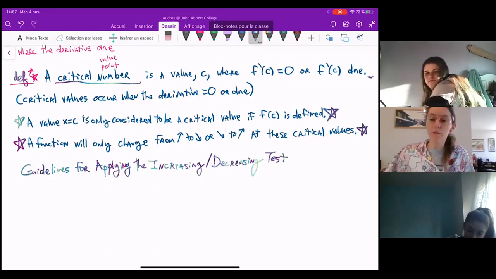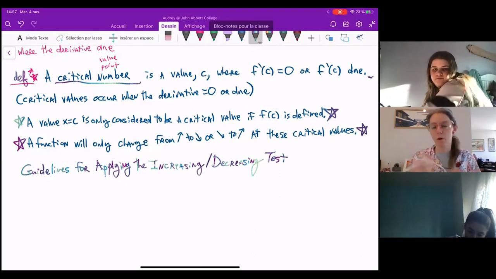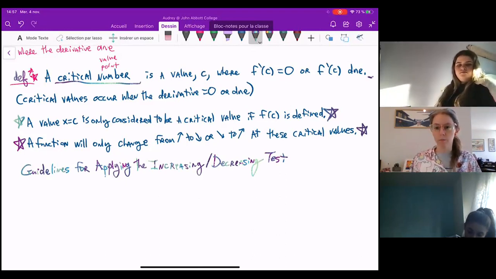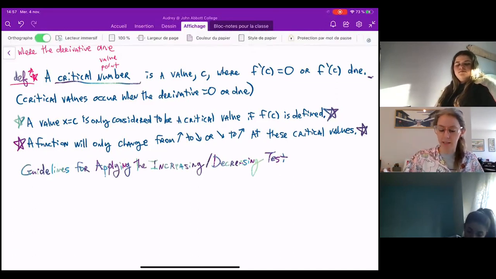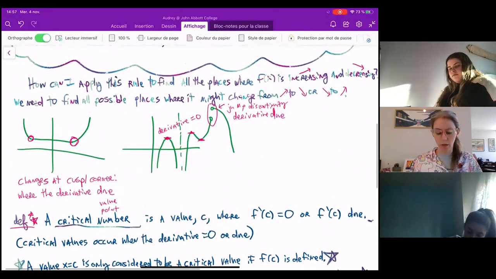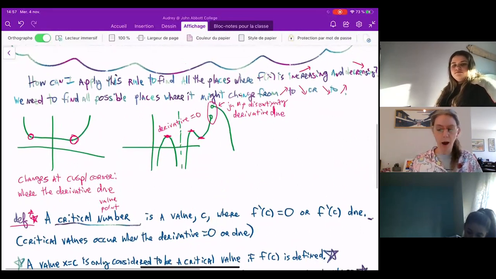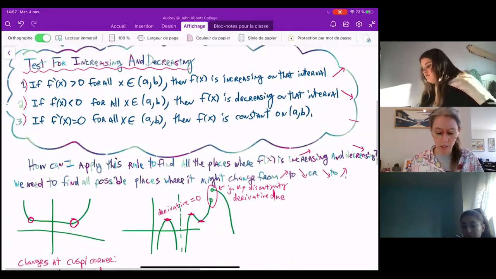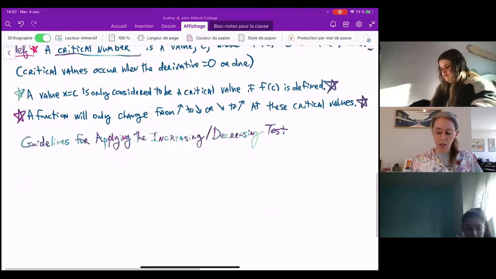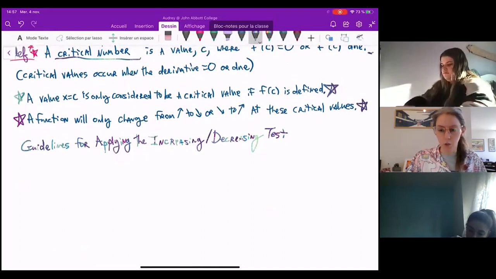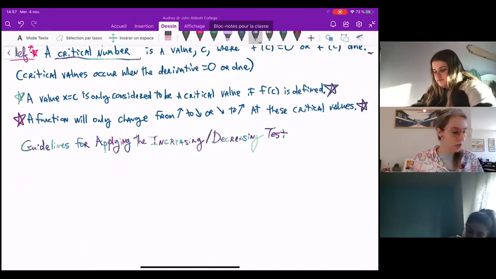Okay, so these critical values and the fact that they are the places where we change from increasing to decreasing allows me to come up with some guidelines for how I can apply that test and answer the question we started with, which was, how do I find the places where it's increasing and decreasing? So the first thing that we want to do is, if I know that it can only change at critical values, then I need my derivative.